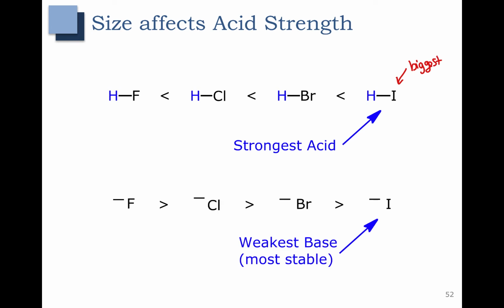Let's look at this trend when we talk about stability of the base. Iodine is much bigger, so an iodine can handle a negative charge much better than a fluorine can. So in this case, fluorine is the least stable, or the strongest base.